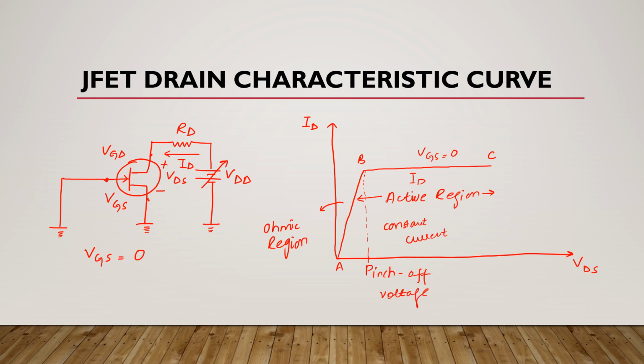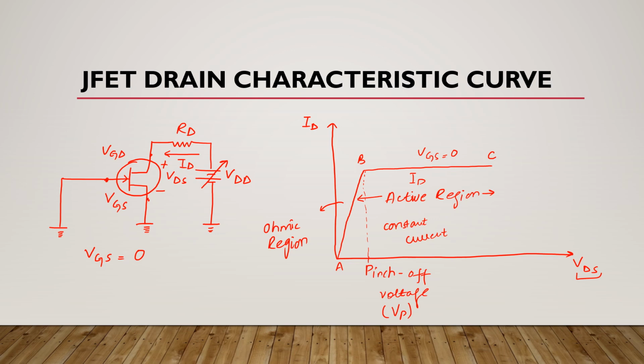Now what is this pinch off voltage? When this VGS is 0, then the value of this VDS at which this ID becomes essentially constant, we call this voltage pinch off voltage or VP.